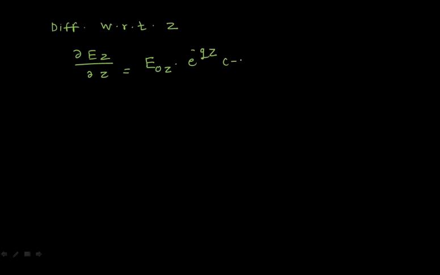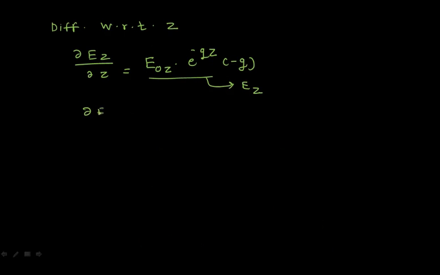We are going to differentiate it with respect to z, because your transmissions are in the Z direction. So dEz divided by dz is equal to E0z e raised to minus gamma z times minus gamma. This equation again, if you see, is the equation for Ez.